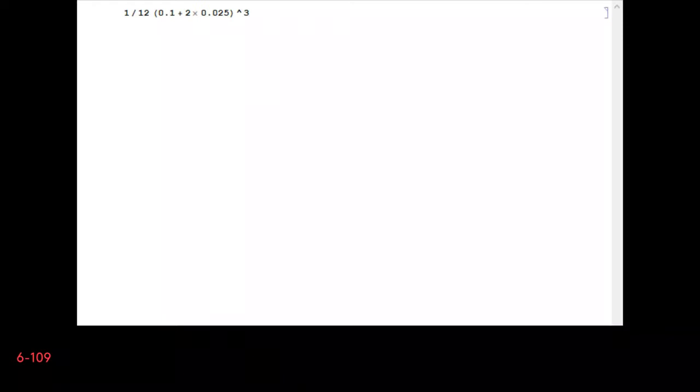So this is the moment of inertia of the total area.